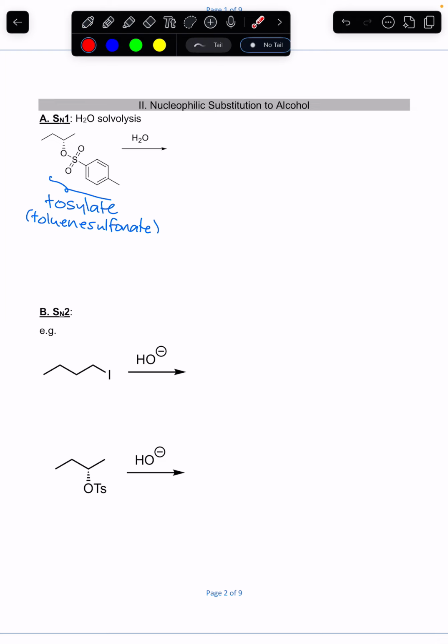Remember, this functional group is a sulfonate group. It makes for a really great leaving group. Often this is abbreviated as OTs. Okay, this squiggly line just means it's attached to something, right? It's a great leaving group.